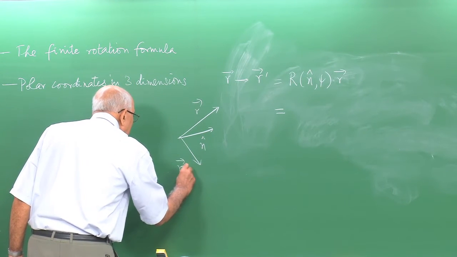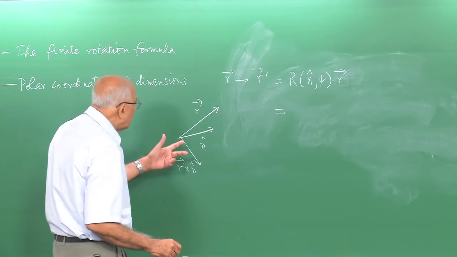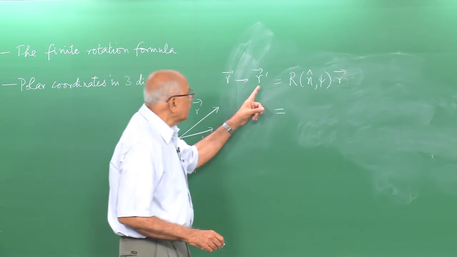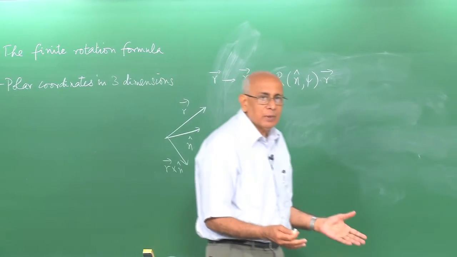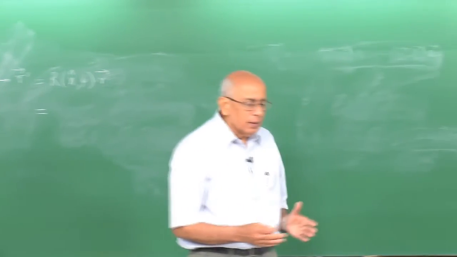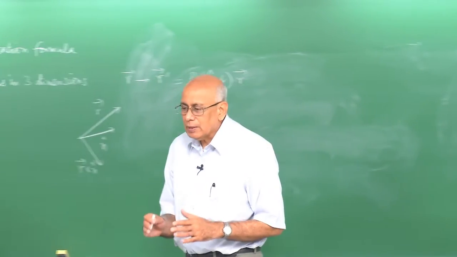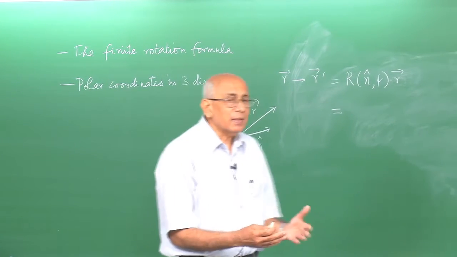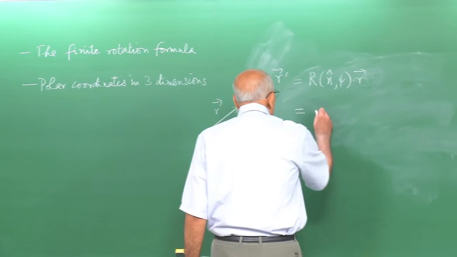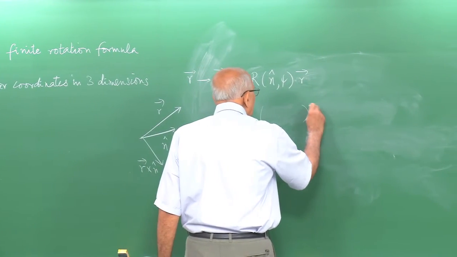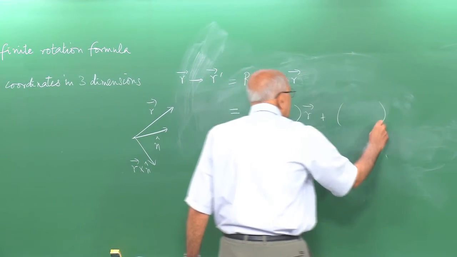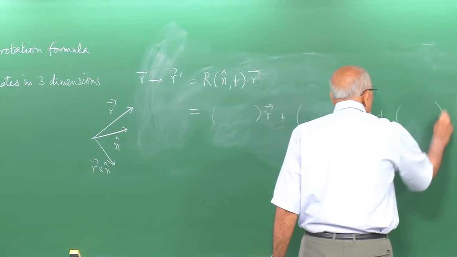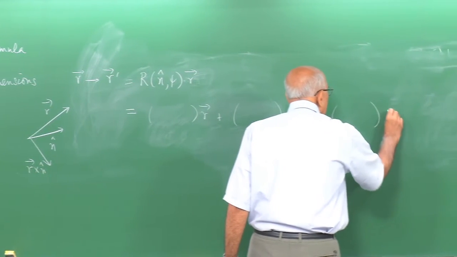So this vector is R cross n and is normal to the plane formed by the vectors R and n. So it's clear that this R prime, being a vector in 3-dimensional space, must have a portion which is along R, a portion which is along n, and a portion which is along R cross n, and there is nothing else possible. So there must be something here multiplying R plus something here multiplying n plus something here multiplying R cross n.